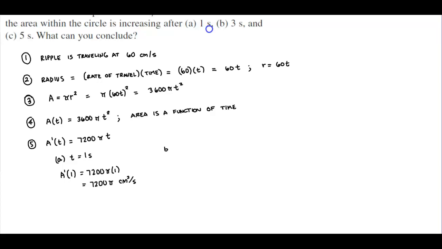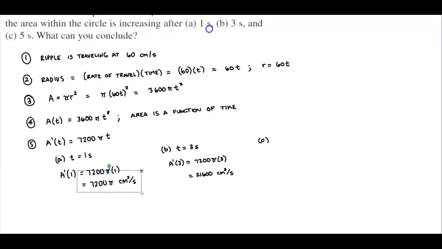Okay, and then we want to find B when t is equal to 3 seconds. So we want A prime of 3, which is equal to 7200 pi times 3, which gives us 21,600 pi centimeters squared per second.